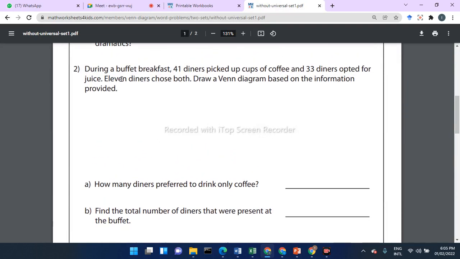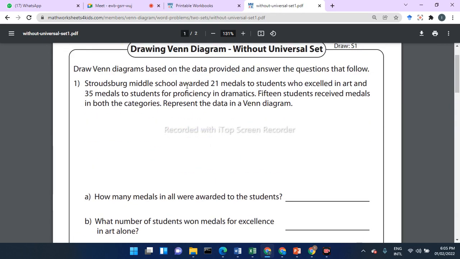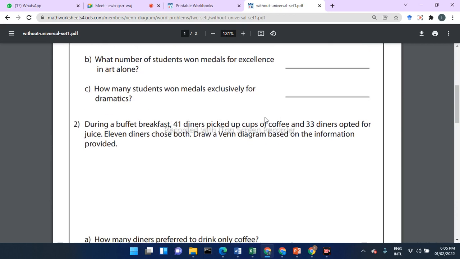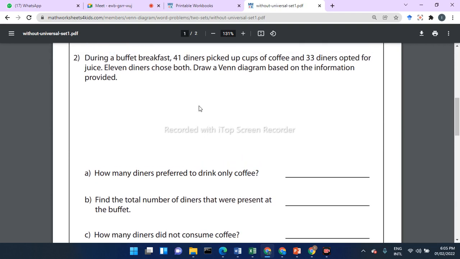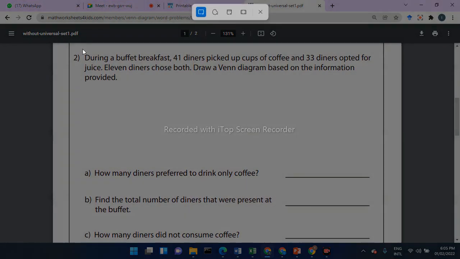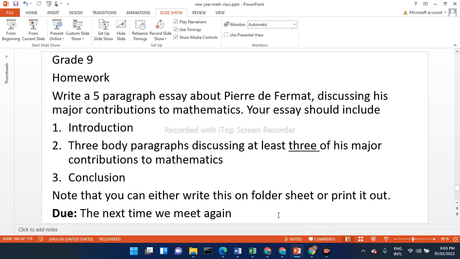So this is number 2. I don't know if this was the one that I scheduled for homework. I know we did this one yesterday with the awards. But today we're gonna complete this worksheet and then move on to something else.